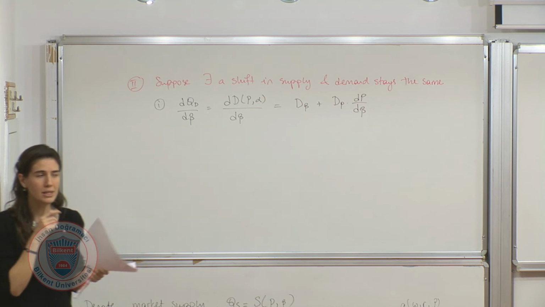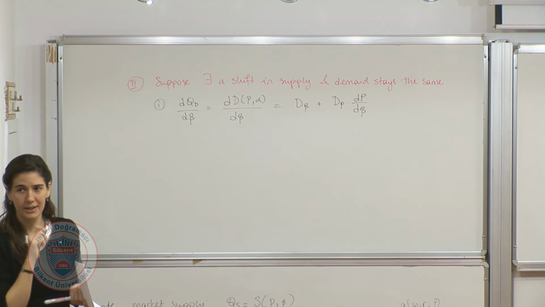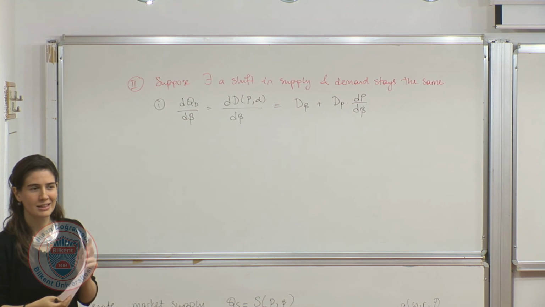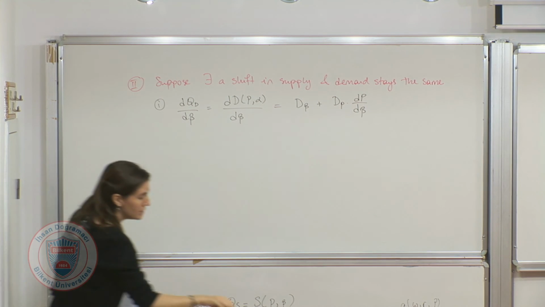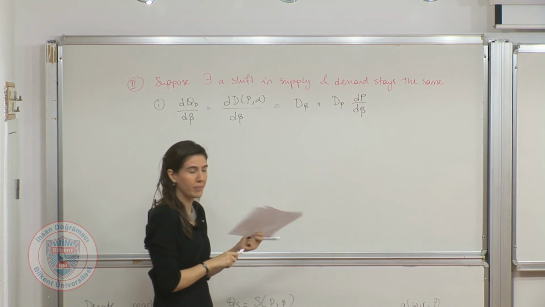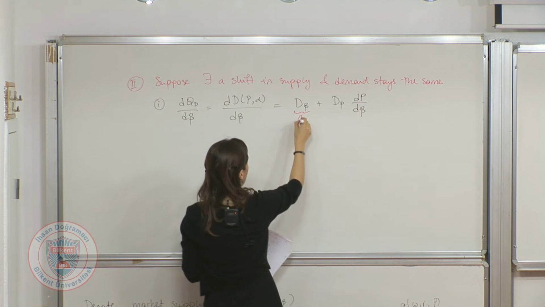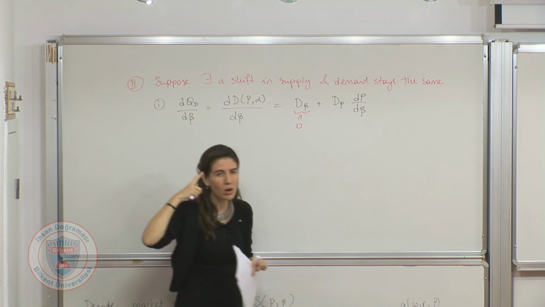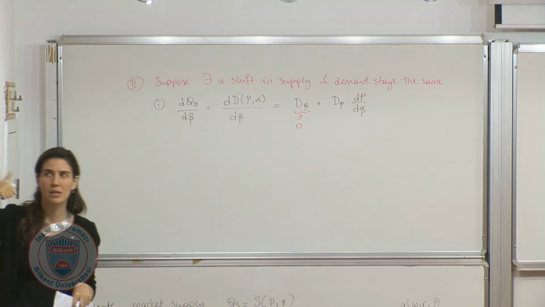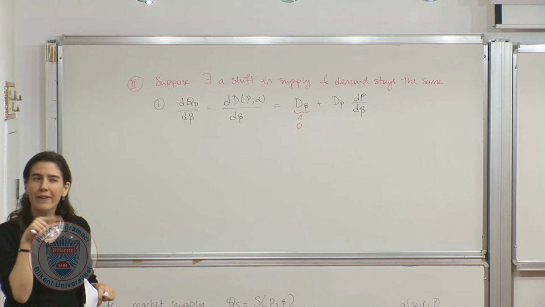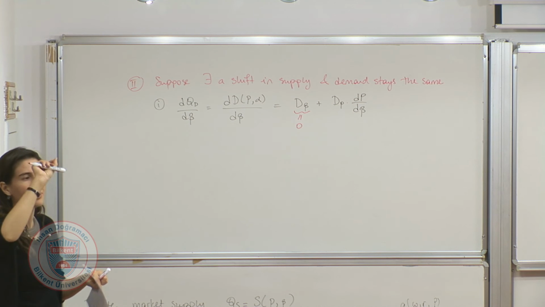What can I say about this? What is this guy? It's 0, right? So you can always think that since beta is a supply shifter, it's going to affect the demand only through the equilibrium price.